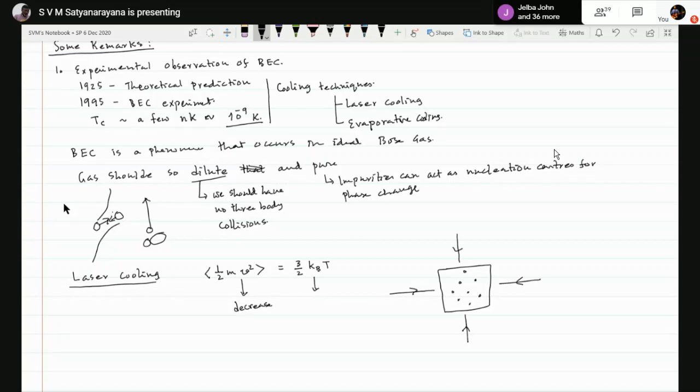Essentially this means that if there is a particle that is coming in this direction, and there is a light, which is a photon, hitting that particle, then the particle will absorb this energy, and then it will immediately re-radiate it. But re-radiation will not happen in that direction. It will happen in some random direction.